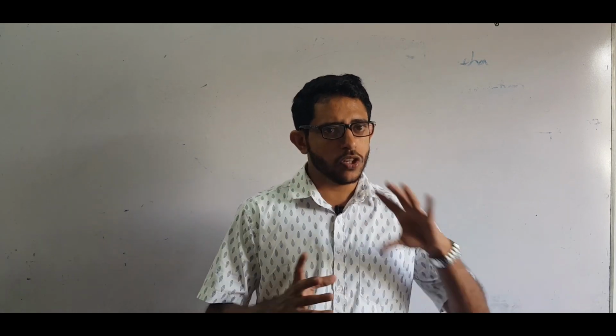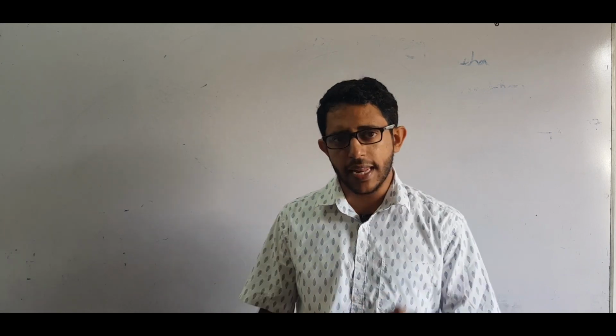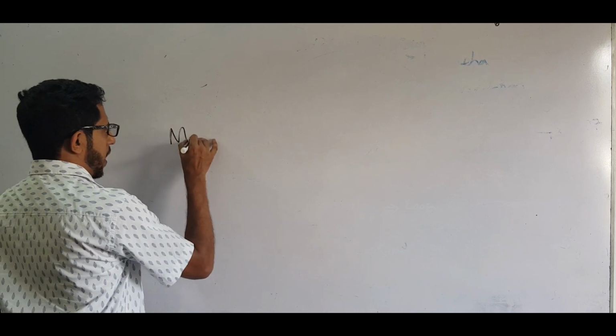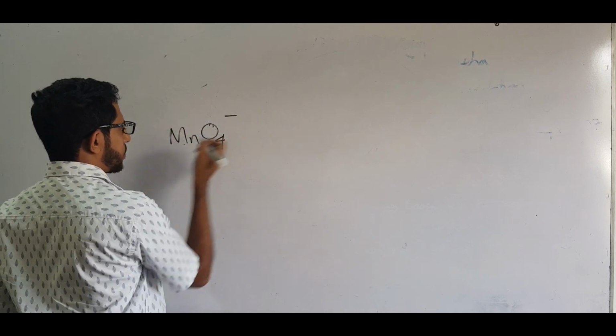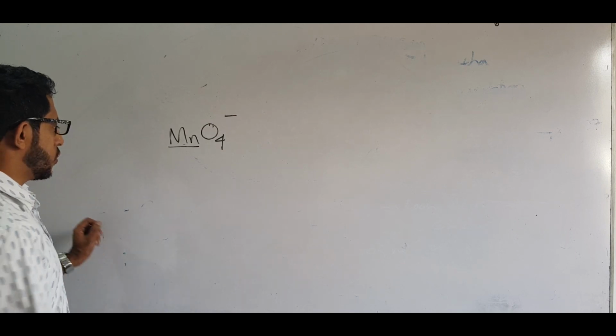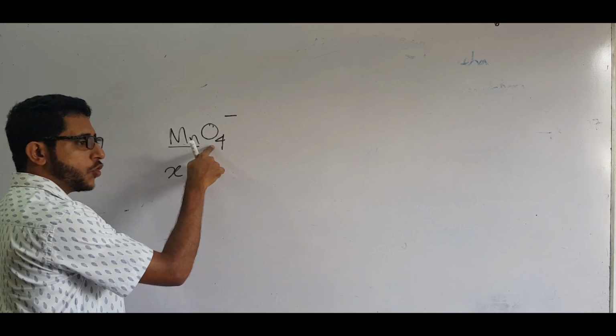So, having those rules in our mind, we can find the oxidation number of any given substance like this. Let us start with the one I wrote, MnO4 minus. I am going to find the oxidation state of manganese. So that is what I have to find. I put it as X plus oxygen, usually minus 2.